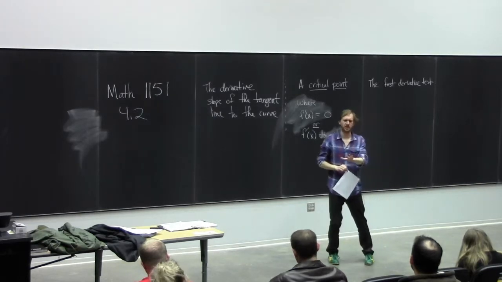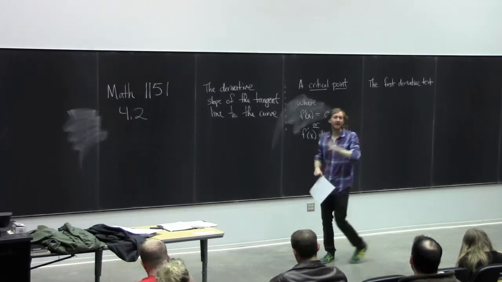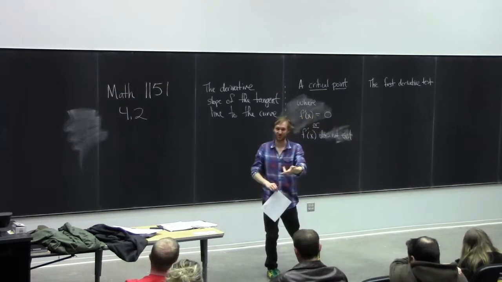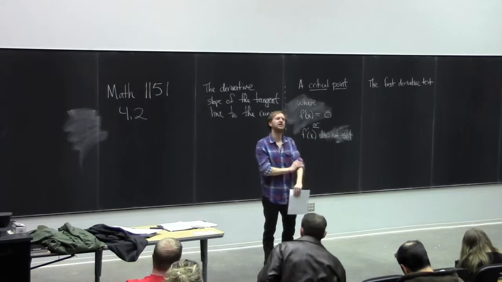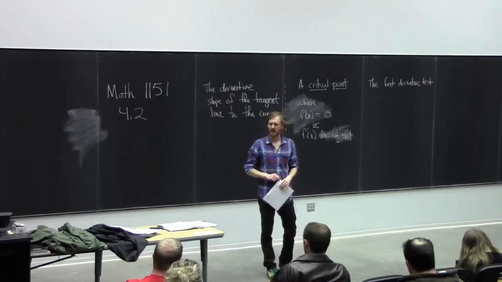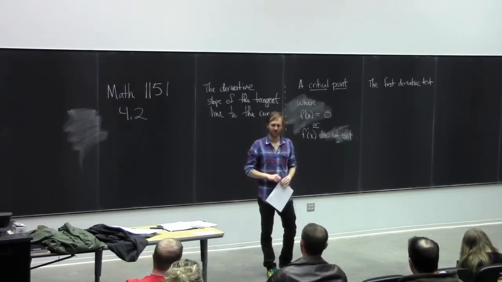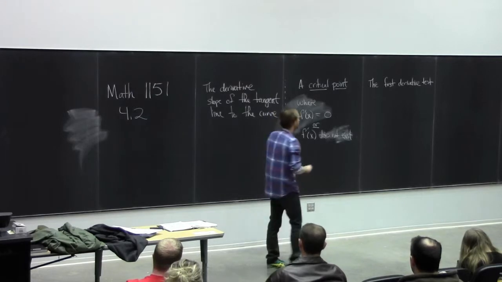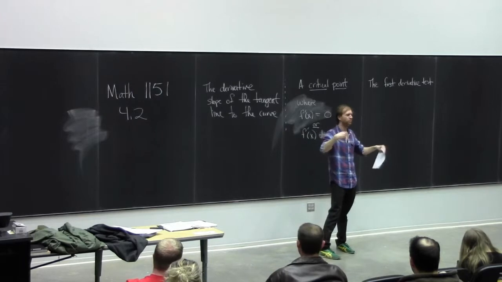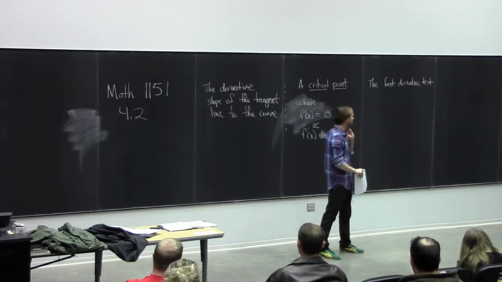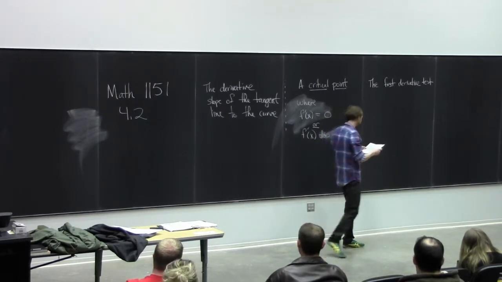This you just need to understand. Critical points, you have to know what they are because we might ask you for critical points. Oh, it's just where the derivative equals 0 or doesn't exist. Yeah, but if you don't know that, you can't answer the question, where are the critical points? The first derivative test, if you understand it good enough, you don't need to be able to regurgitate it. And it's so simple in some sense, you can simply understand it.